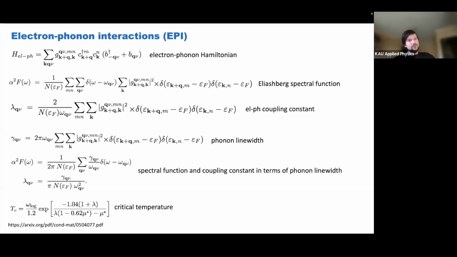And with this phonon line width we will have files with phonon line width. With this phonon line width, we can simplify this expression. So for the spectral function, you see we just took all this huge stuff into one phonon line width term. And then we can recalculate this constant also with phonon line width. And then we have the Macmillan formula of critical temperature.